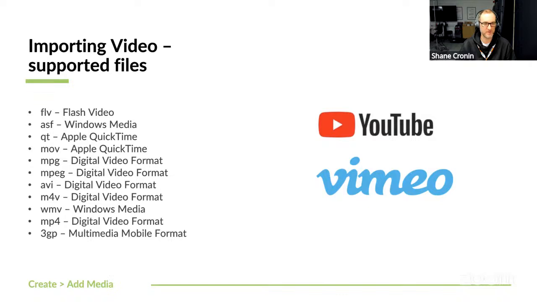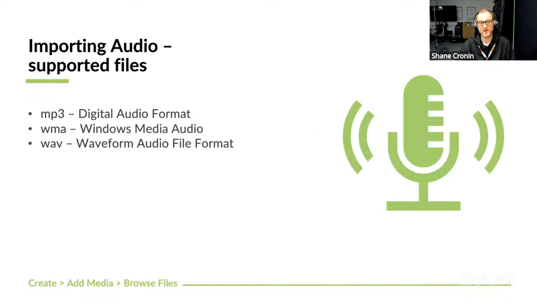You have Windows Media, QuickTime, you have MP4, M4V, and 3GP, which would be a kind of smartphone video format. So all the major formats really are working there. And then you have MP3, WMA, and WAV. So they're the supported video and audio files for Canvas Studio.